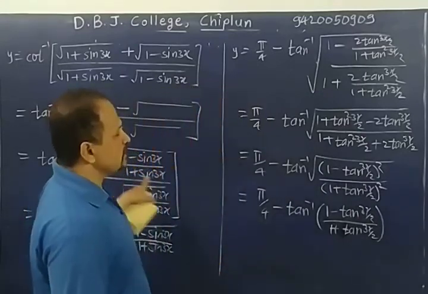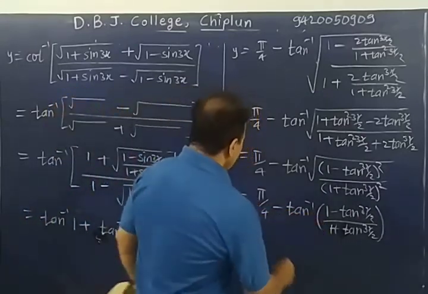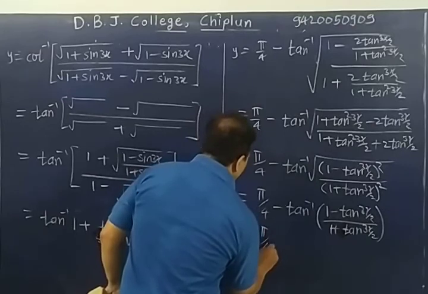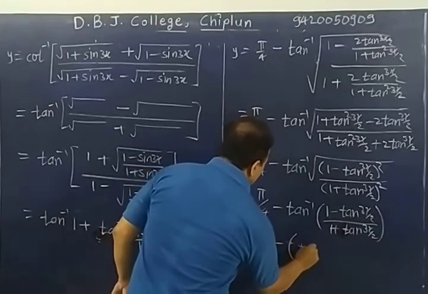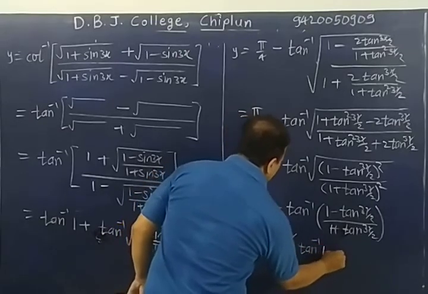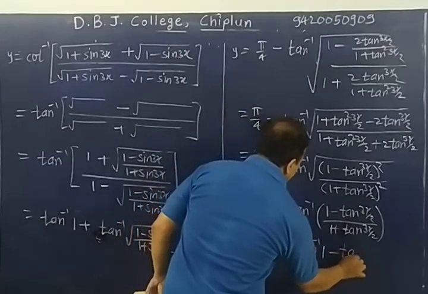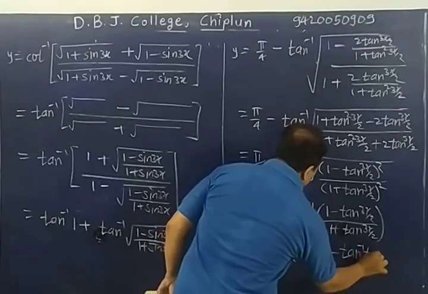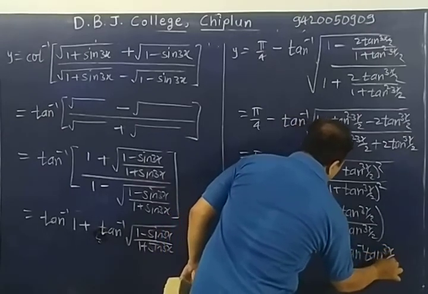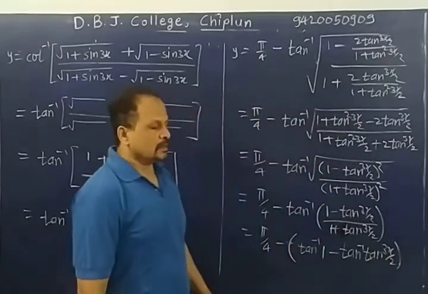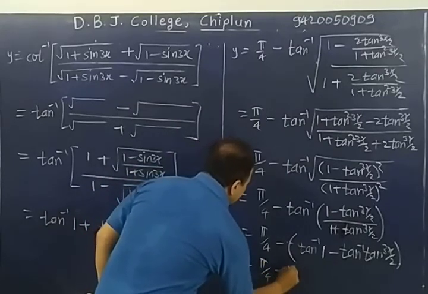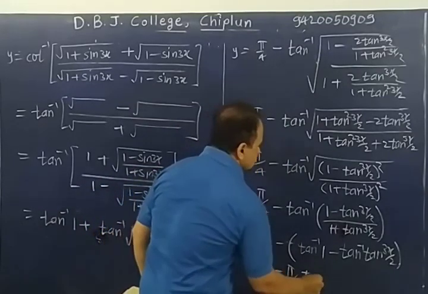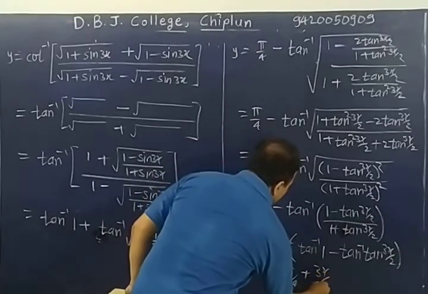Again the similar thing I am going to apply here, equal to pi by 4 minus bracket tan inverse 1 minus tan inverse tan 3x by 2, equal to pi by 4 minus pi by 4 plus 3x by 2.